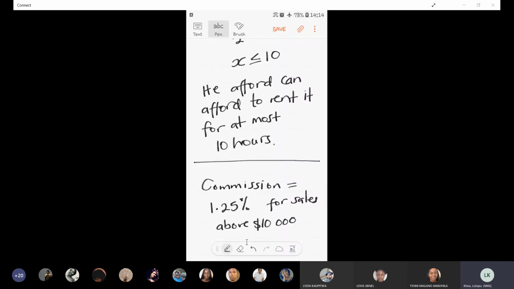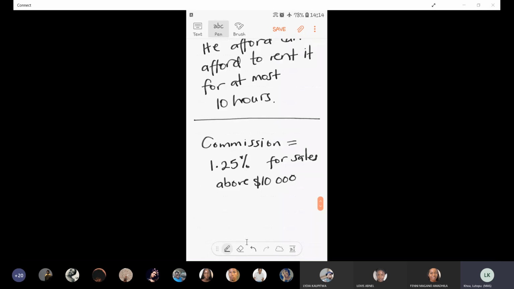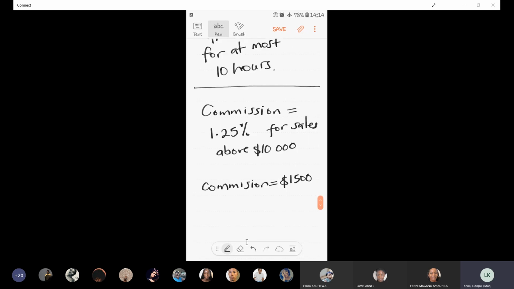And this is for sales that exceed 10,000. Now she wants to find out how much must she sell in order to earn a commission of at least 1,500. So what she wants is a commission equal to 1,500. So her question is, how much should she sell in order to make that commission?